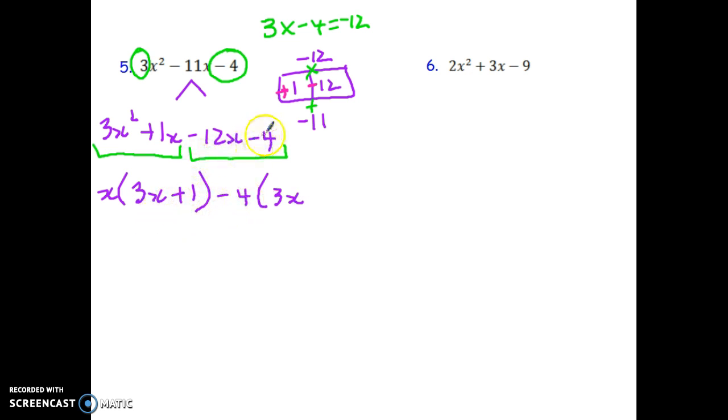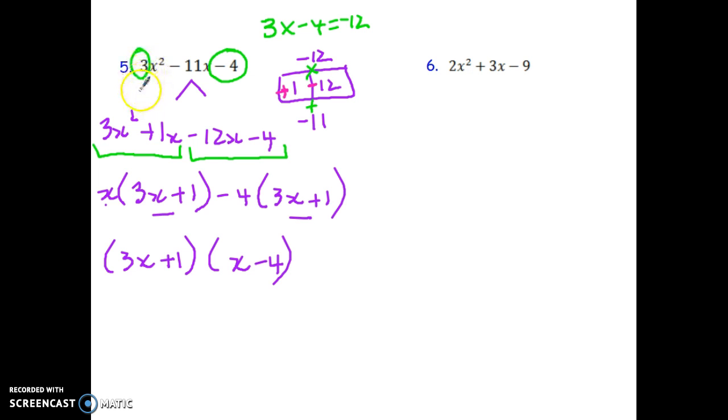Minus 4 out of a minus 4, I've got a plus 1 left. Common factor here, 3x plus 1, and then I have an x minus 4 left over. So it's exactly the same process. You've just got to be more aware of the fact that it is this coefficient times the constant.